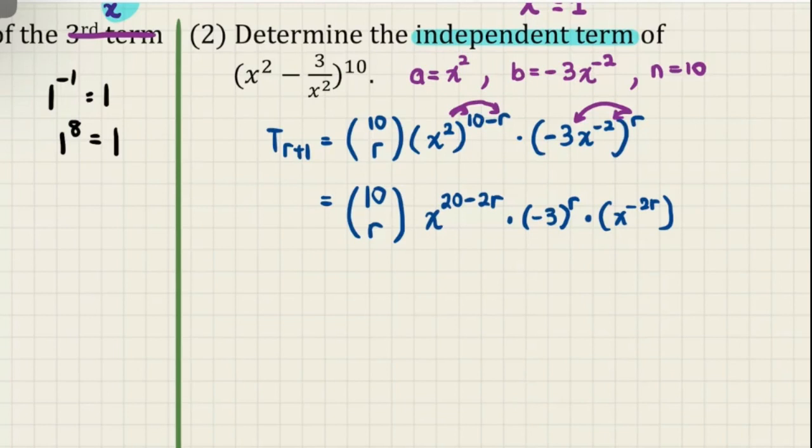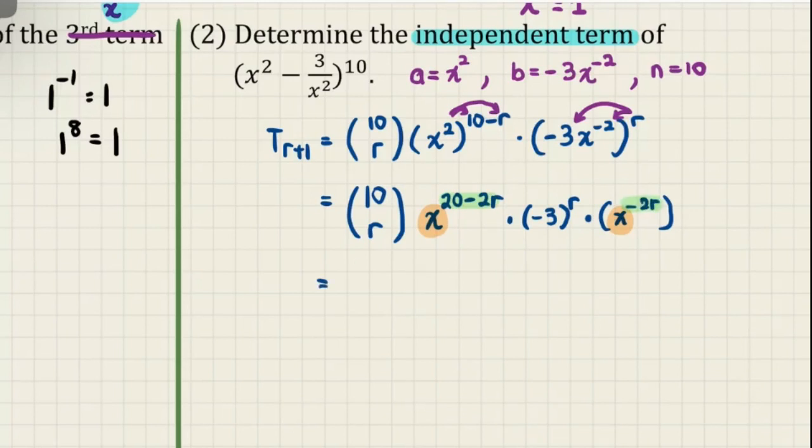Okay, so far okay? Saya expand sahaja. Kemudian saya nampak ada base yang sama, x, x. So kalau x darab dengan x, power dia kita boleh tambah. Okay, so saya akan gabungkan the power, 20 tolak 2r dengan negatif 2r.